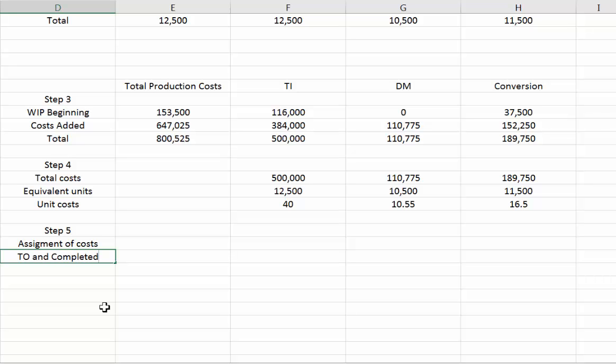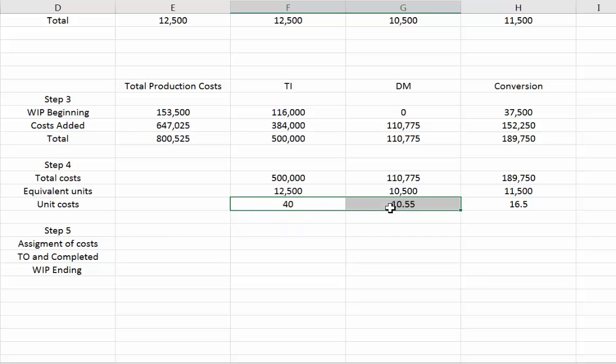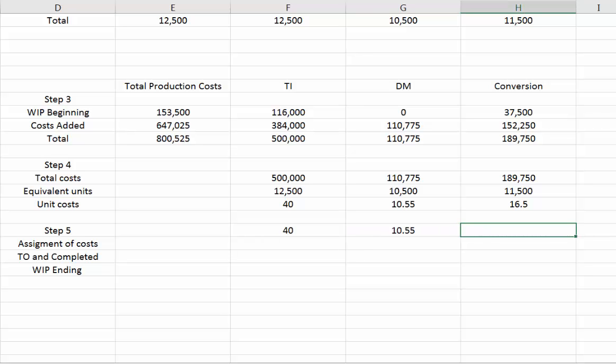Okay, completed. And also we have WIP ending inventory. All right, so we're going to definitely use all these numbers. Okay, so unit cost. Okay, so let's multiply.